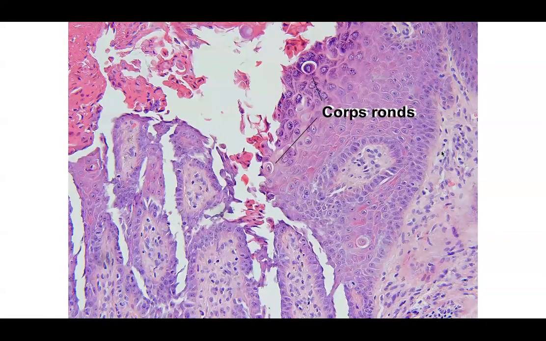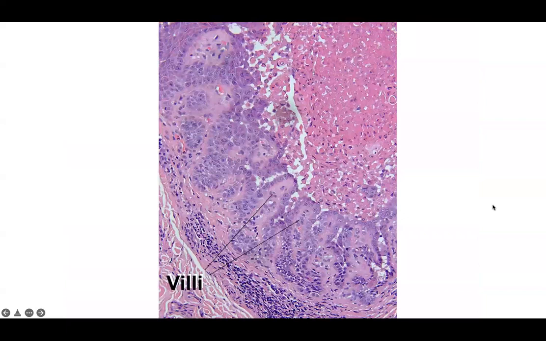Pointing out these corps ronds again, acantholysis, dyskeratosis. The villi are these so-called villi. They're just protrusions that look like villi, as you might see in the small intestine. They're well delineated and demarcated here, but lots of dyskeratosis above the level of these basal keratinocytes, the acantholysis and the dyskeratosis in a warty dyskeratoma.